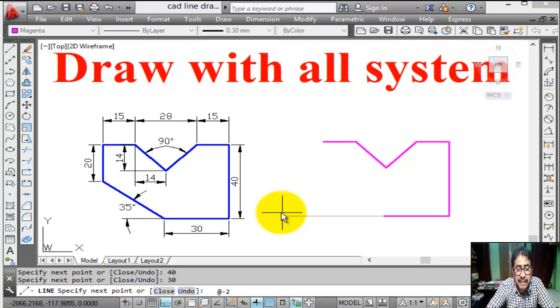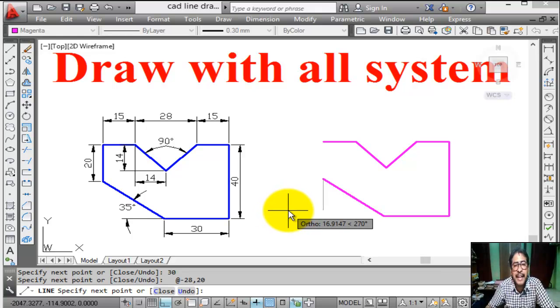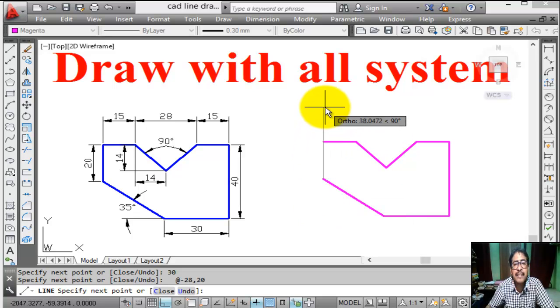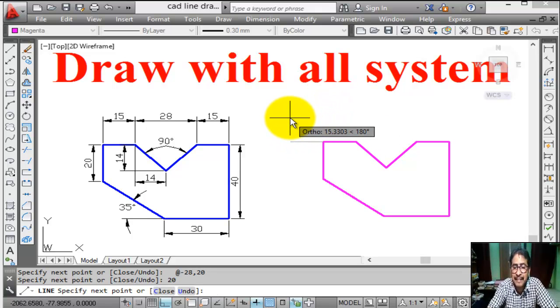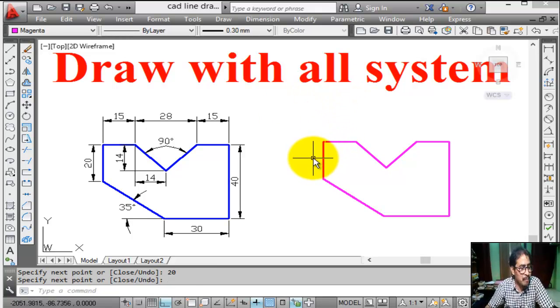So at the rate of minus 28 comma 20, enter. Okay, again by direct distance method, specify next point, mouse in top side and we just type 20, enter. Okay, drawing is complete. Next, type again, enter. Okay, it is clear my student, we draw all drawings by using the line command with different methods.